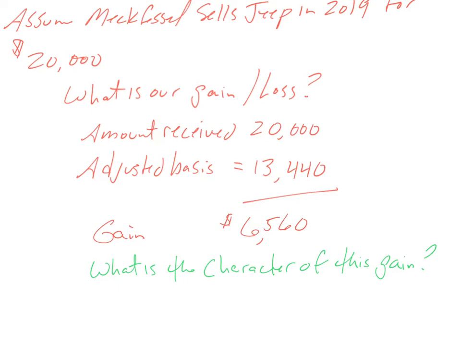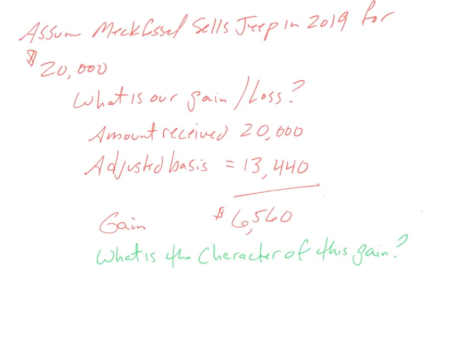All right, well, the answer to that is based on what is the use of this asset and how long did we have it. Okay, so was this asset used in our business for a year or more? Yes. So this was business use for more than a year.